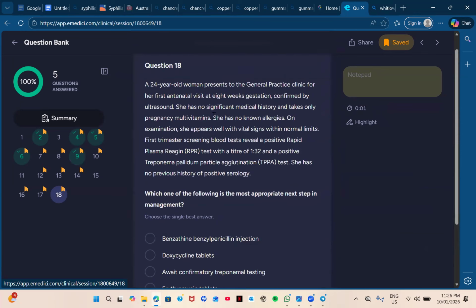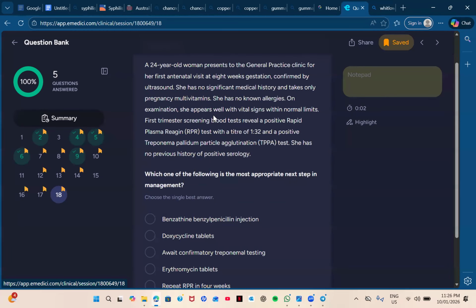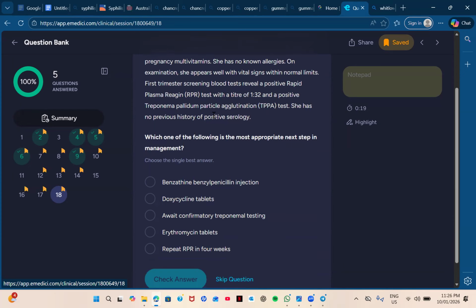Then, a 24-year-old woman presented to the GP clinic for her first antenatal visit at 8 weeks of gestation, confirmed by ultrasound. She has no significant medical history and takes only pregnancy multivitamins. She has no known allergy. On examination, she appears well with vital signs within normal limits.